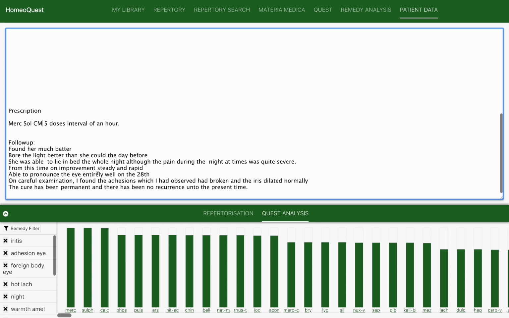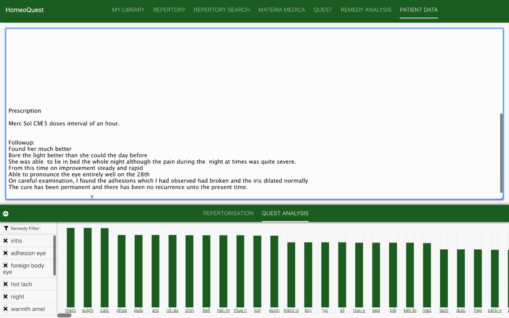From this time on, improvement was steady and rapid. He was able to pronounce the eye entirely well on the 28th. On careful examination, I found the adhesions which I had observed had broken. How beautiful is that? This is a clinical confirmation that Merc can break adhesions. The iris dilated normally. It also meant it would absorb the pus. The cure has been permanent and there has been no recurrence until the present time.